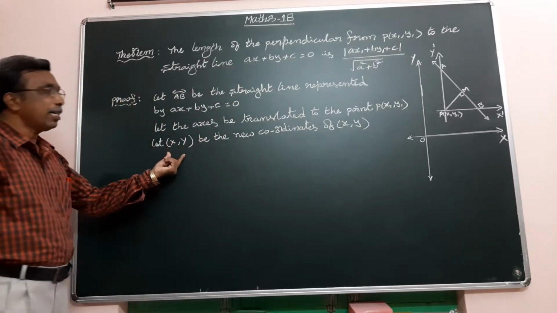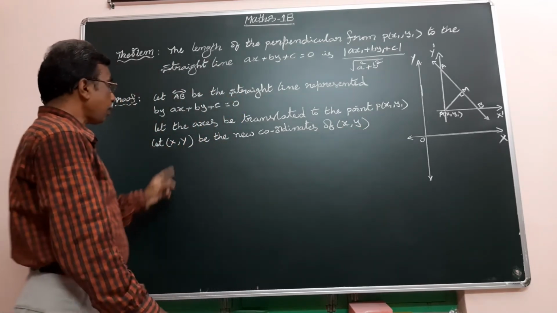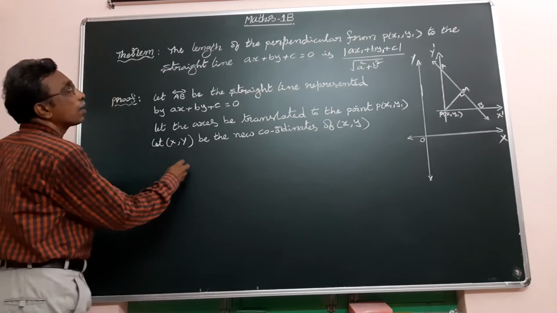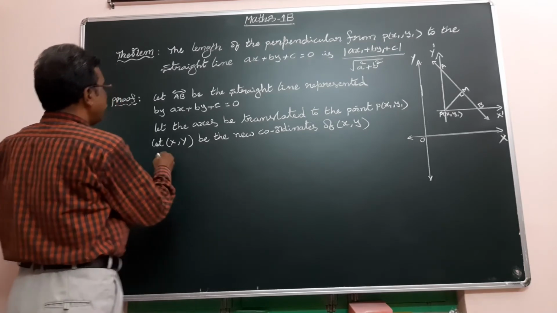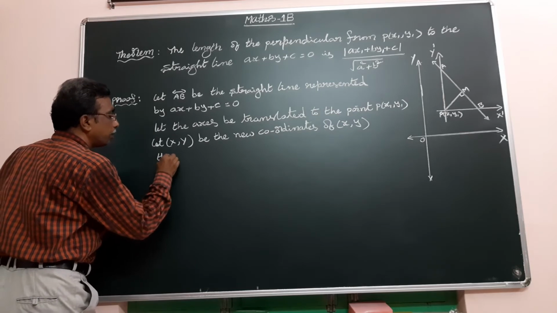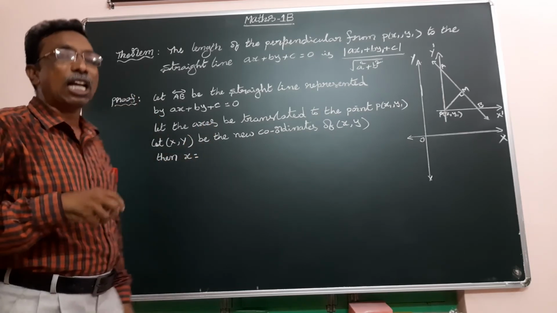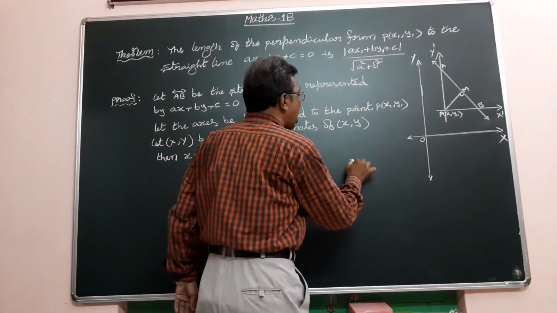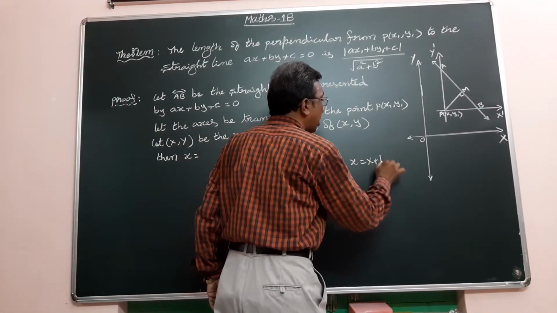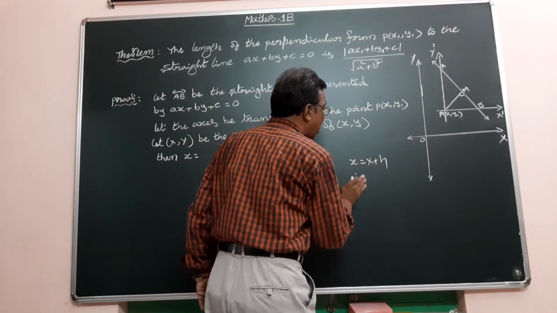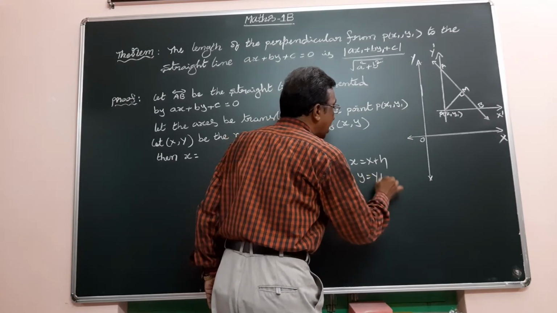This one is the new coordinates. Then, generally in transformation of axis, what is the formula? Small x equal to capital X plus h, small y equal to capital Y plus k.